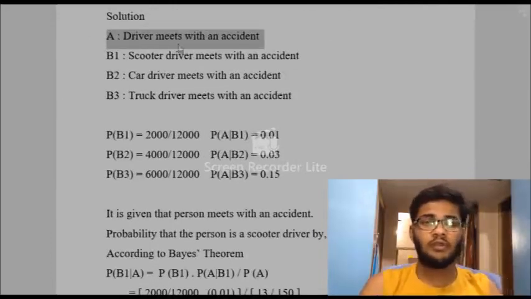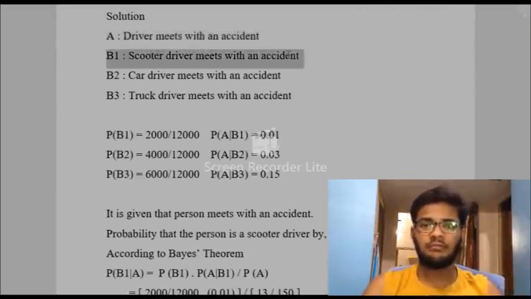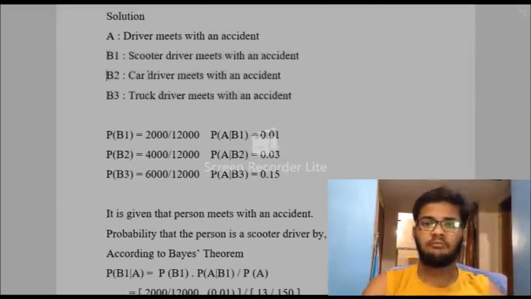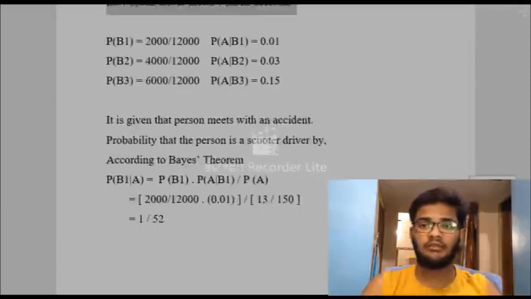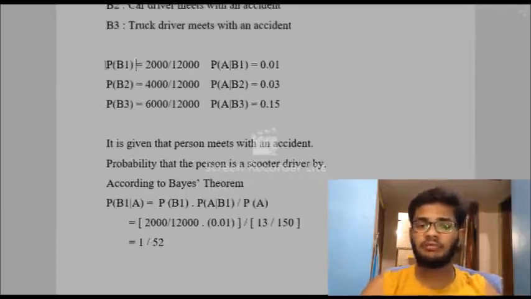Here the solution is that A remains the same, that a person meets with an accident, and B1, B2, B3 remain the same: B1 is the scooter driver meets with an accident, B2 the car driver and B3 the truck driver.